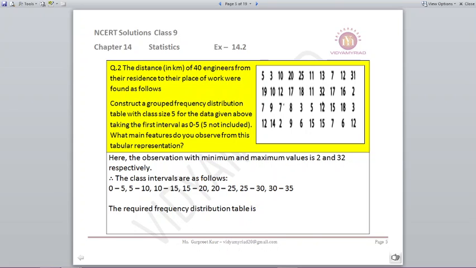My next will be 5 to 10, 10 to 15, 15 to 20, and it will go on like that. Till where I have to go depends upon the maximum number in my data. The highest number in the information given is 32, so I have to make my table till 30 to 35.